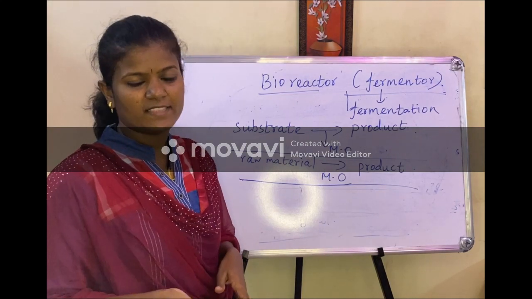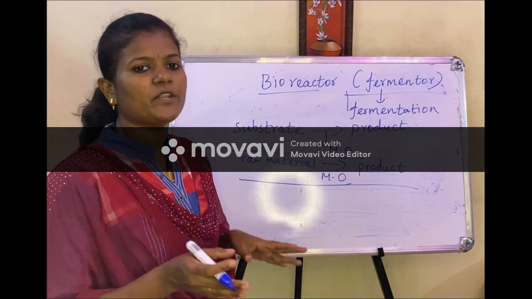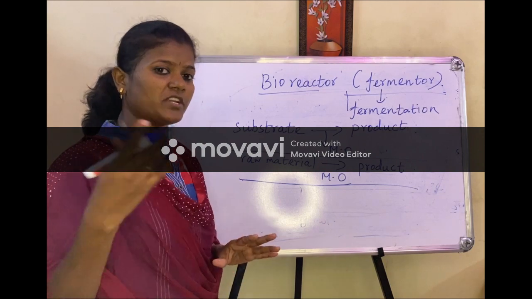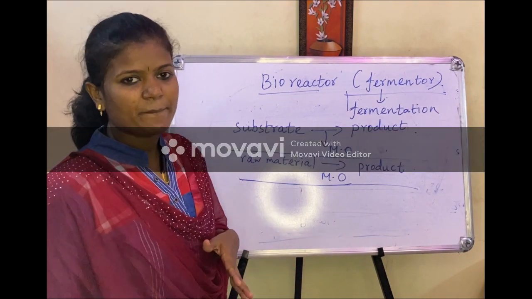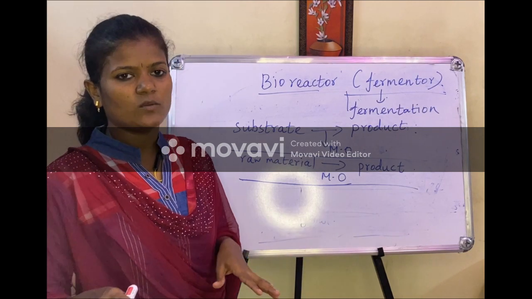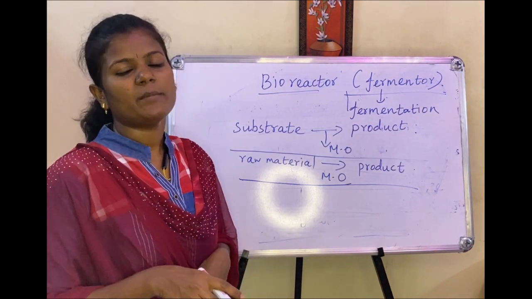If we want to live in this world, we need an optimum environment. In extreme temperature, we cannot live, and in very low temperature, we cannot live. Like that, microorganisms also need an optimum environment.